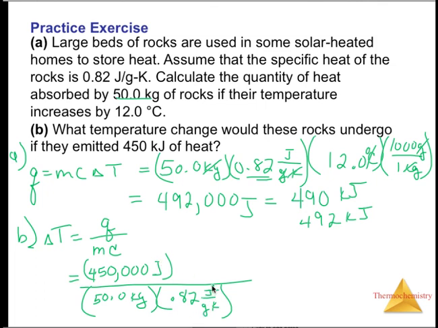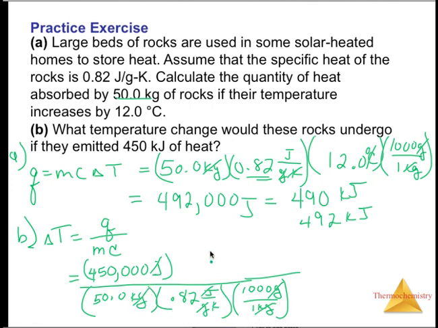I got joules to cancel. Kilograms don't cancel with grams, so I'm going to do 1,000 grams in 1 kilogram in my denominator. Now my grams cancel and my kilograms cancel.